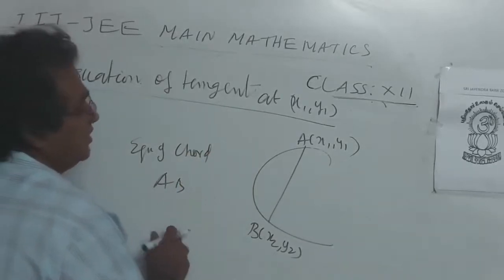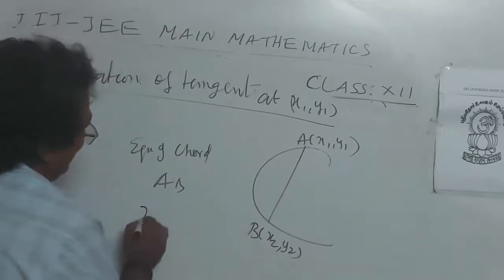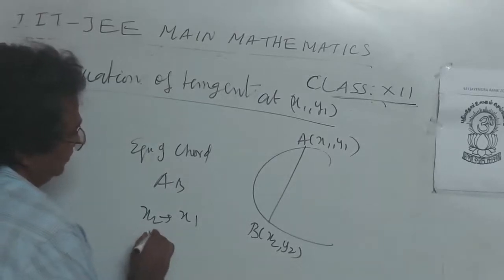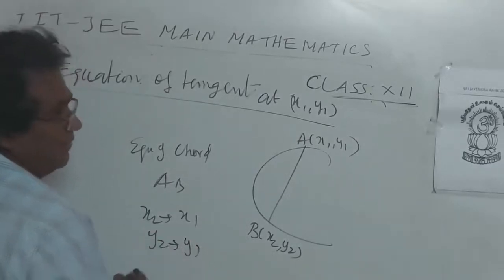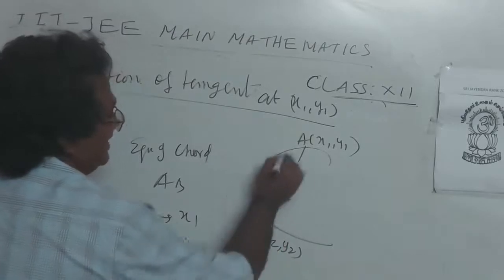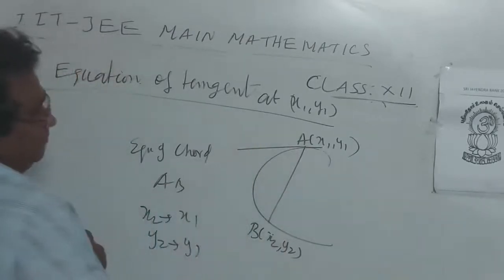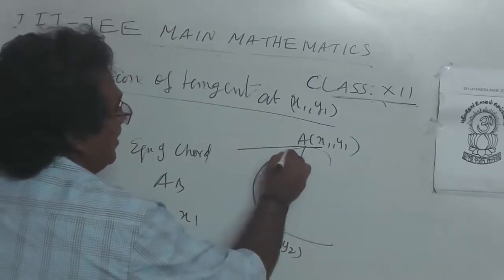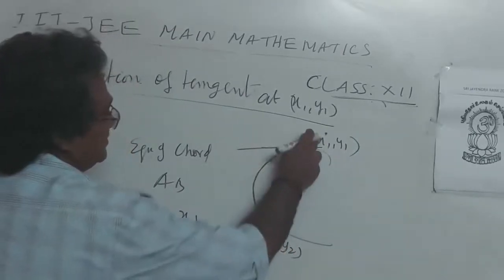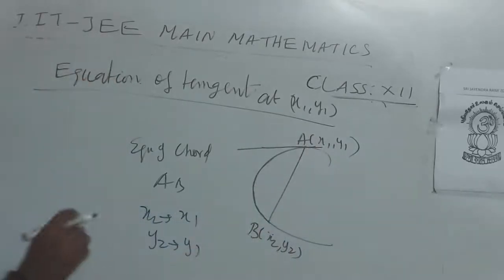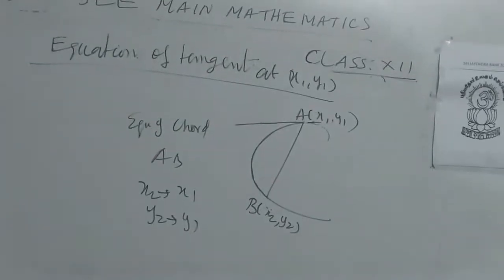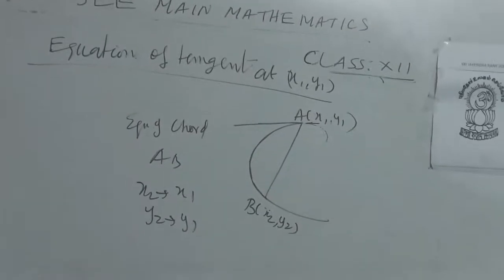In this result, if you take x2 as x1, y2 as y1, you can find the tangent at the point A. When the point B moves towards A and coincides with A, x2 becomes x1, y2 becomes y1. The equation of chord joining A and B, if you take x2 equal to x1, y2 equal to y1, gives the equation of tangent at the point x1 comma y1.